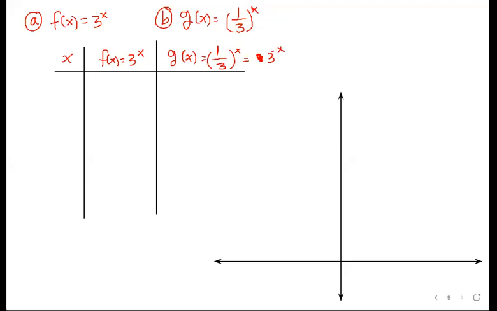Using chapter 1, if I want to remove the fraction, I move the 3 up, and it will be 3 to the negative 1, everything to the x. This is equal to 3 to the, we can multiply the minus 1 with the x, negative x. So this one and this one are the same, but the difference is the exponent. The exponent here is positive, the exponent here is negative.